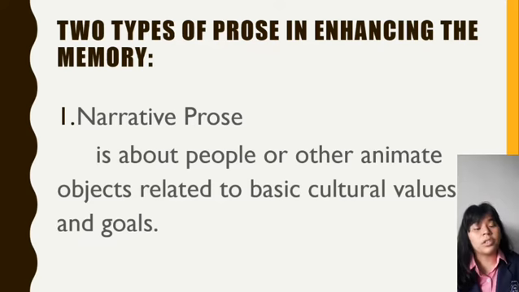Narrative prose is about people or other animate objects related to basic cultural values and goals. It also frequently entails events that, if not directly experienced by the reader, relate to basic cultural values and goals.